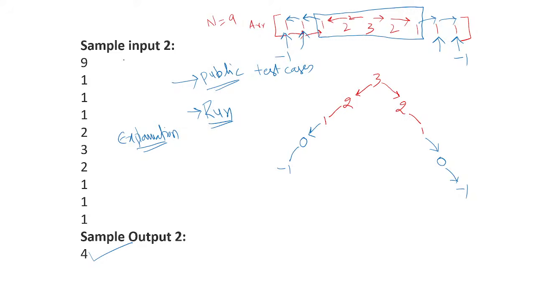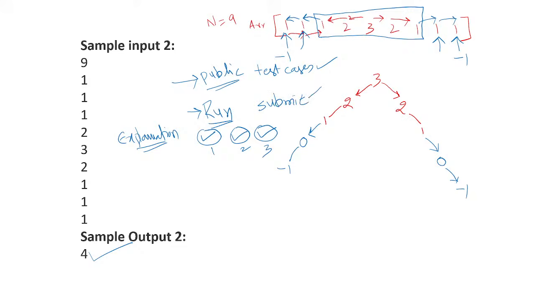If there are 3 public sample input output test cases, it shows a tick mark for test case 1, a tick mark for test case 2, a tick mark for test case 3. If you get green tick marks for all 3, that shows your code has passed the public test cases. Then you will have a button called the submit button.